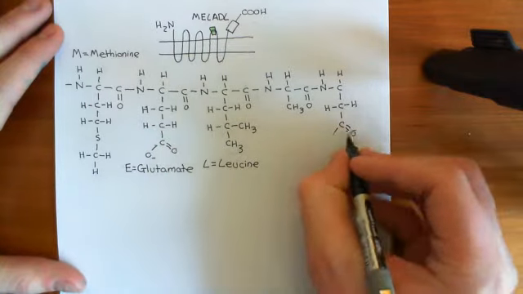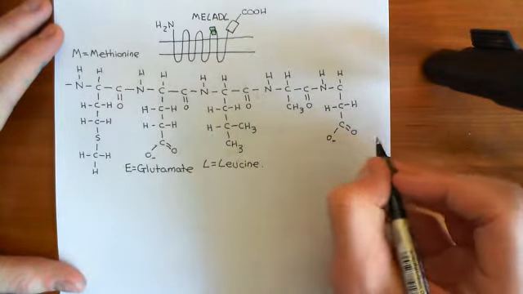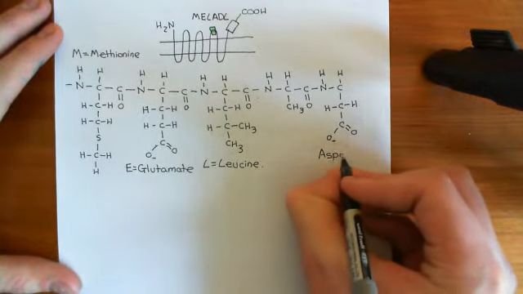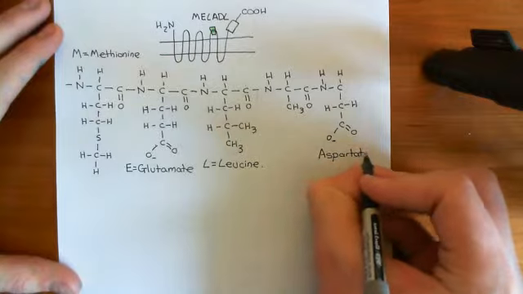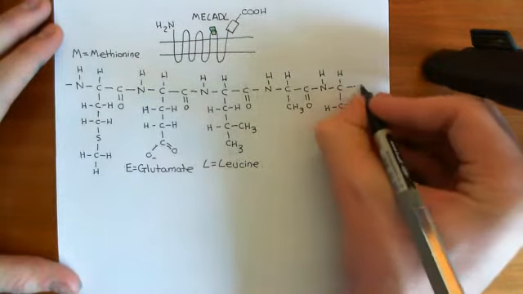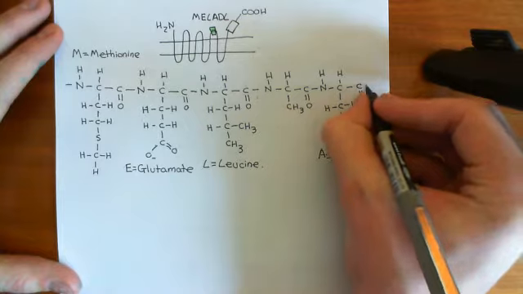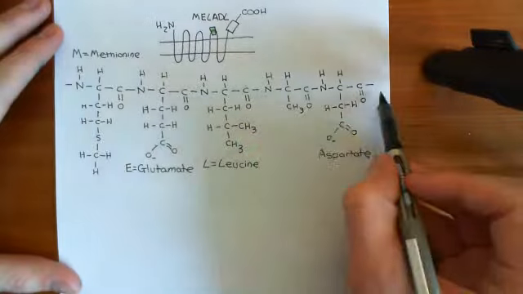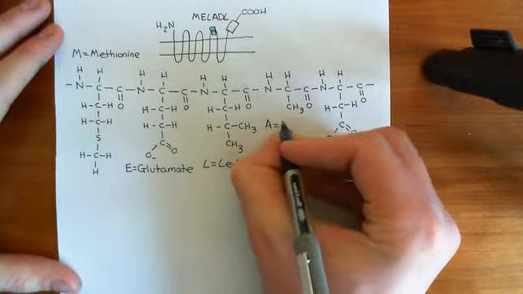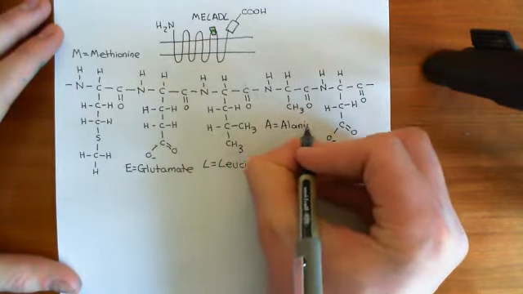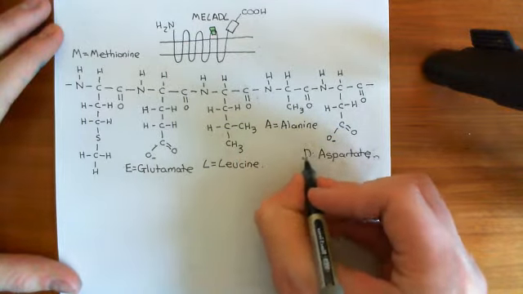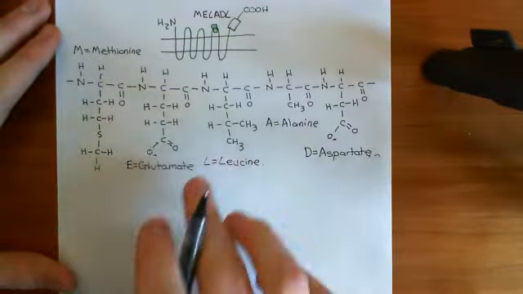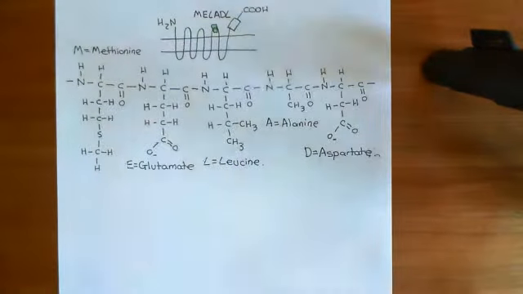Of course, again, under physiological pH, it will generally be in the deprotonated form, and therefore will be aspartate rather than aspartic acid. Then you have the carboxylic acid group coming off here, and then another leucine attached to that. So A is for alanine, D is then for aspartate, because clearly A had been used by alanine. Then just add another L on here, another leucine, and then you've got your MELADL sequence.